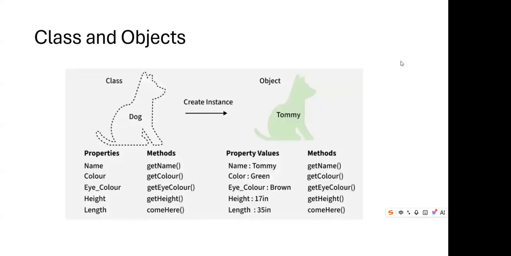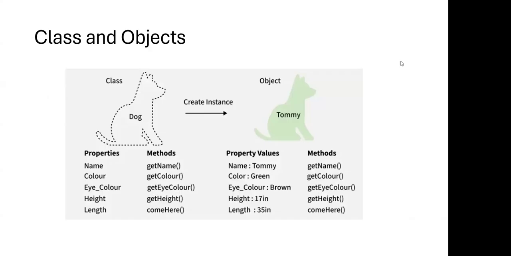A more concrete example is here. Suppose we have a class named Dog, right? For the properties, which we mentioned before as attributes, the class Dog can have some properties like name. Each dog should have a name, and color. For the colors, maybe brown, maybe dark, maybe white.